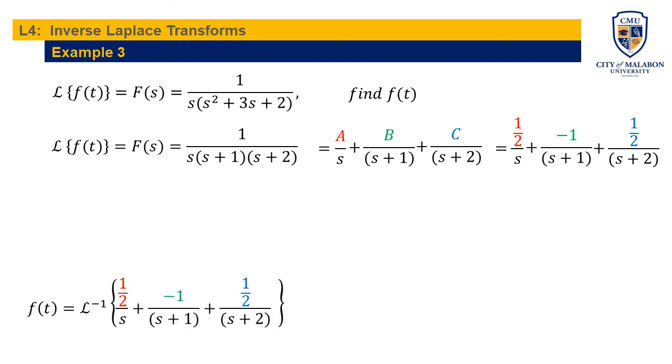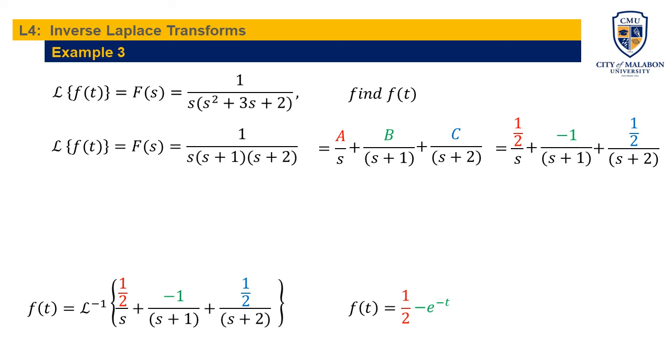Okay? So we can now take the inverse Laplace of that, which is very easy because, if we notice, the first term is just s, so that is a constant. The second and third terms have a plus 1, so those will be exponential, right? So our f of t, for the first term, will be 1/2. We use the formula from the table of transforms. Then the second term, because of the negative 1, will be negative e to the negative 1t.